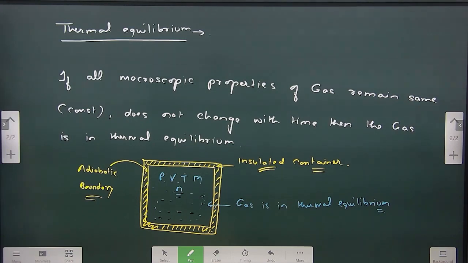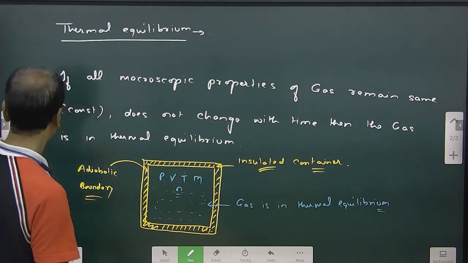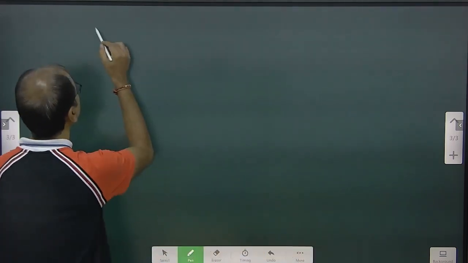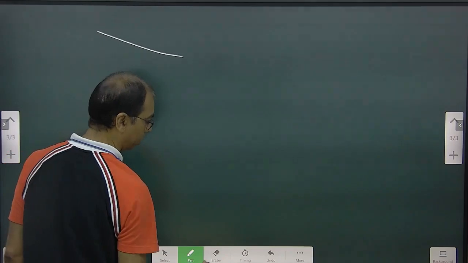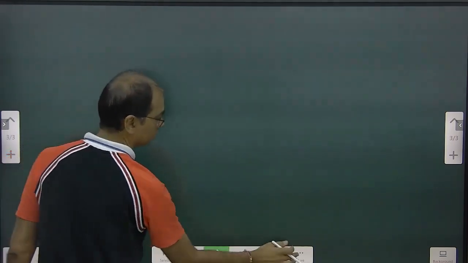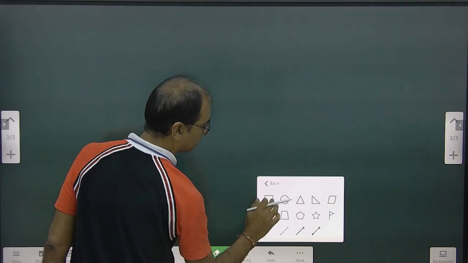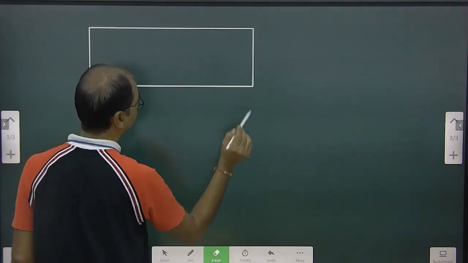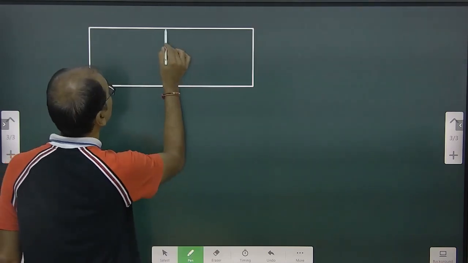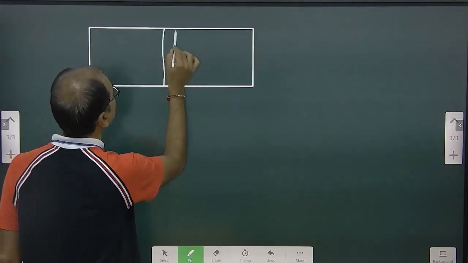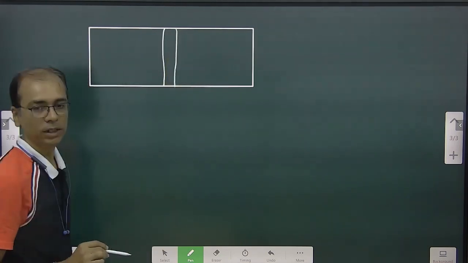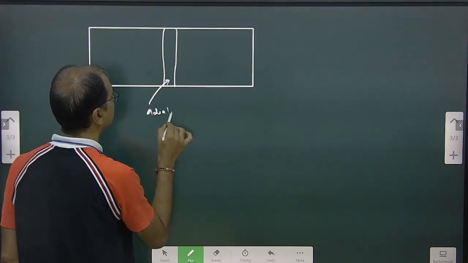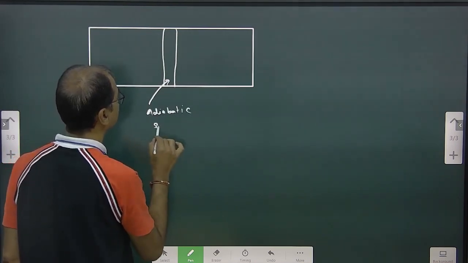Let's see the same thing now. I am going to take two containers. Let's take two containers over here. This is the separator, which is an adiabatic separator.